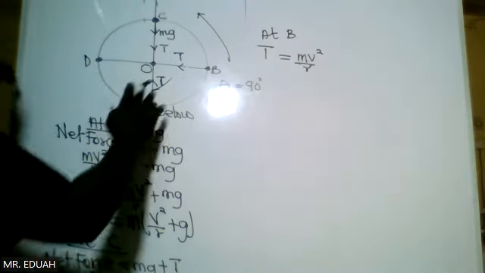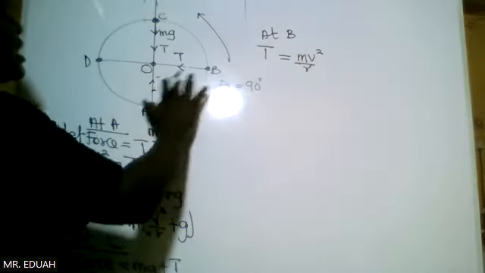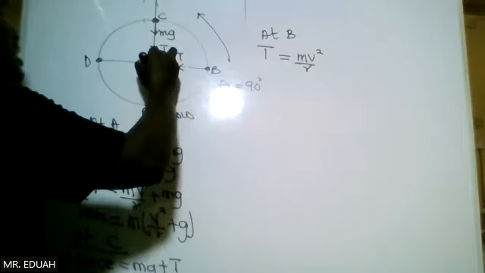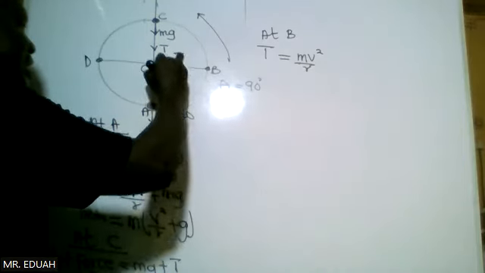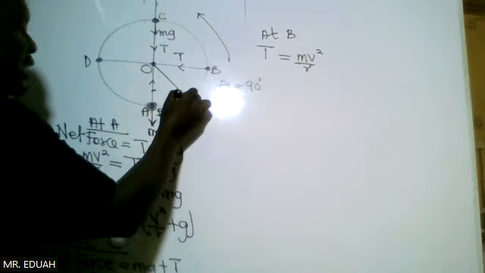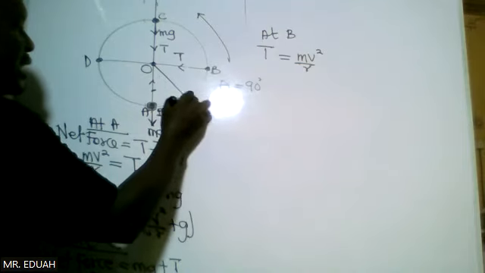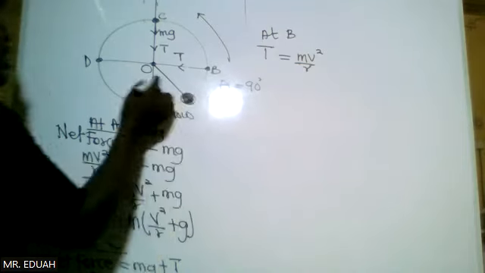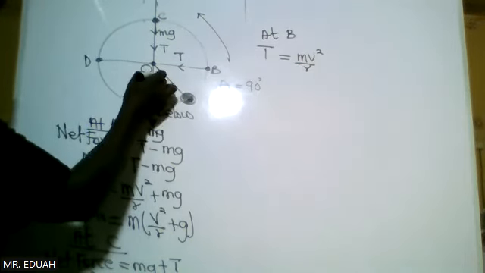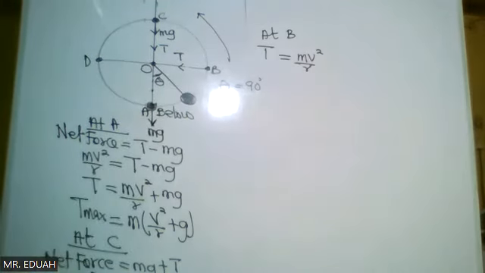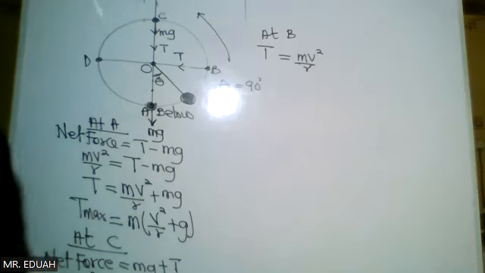Okay. Now, what if the body is in between at any angle theta? The body is here. And so the angle it makes with this vertical is just theta. How do you determine the tension in the string?